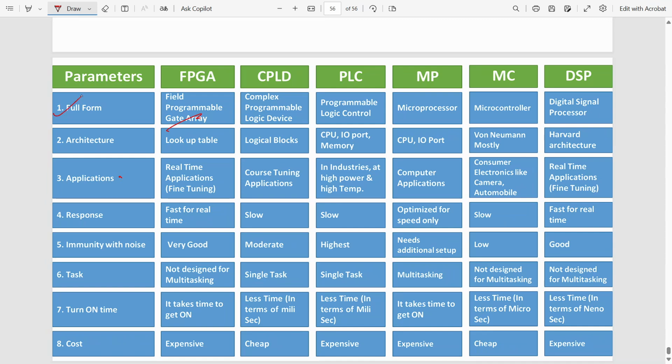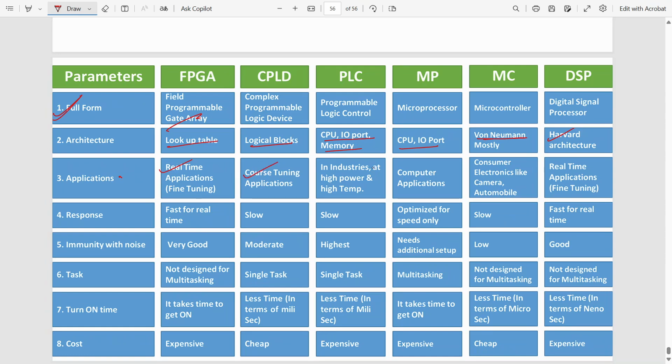Next, architecture: it is based on lookup tables. This is based on logic blocks, and it has CPU, IO ports, and memory. This consists of CPU and IO ports, and it is basically von Neumann, and this is Harvard architecture.